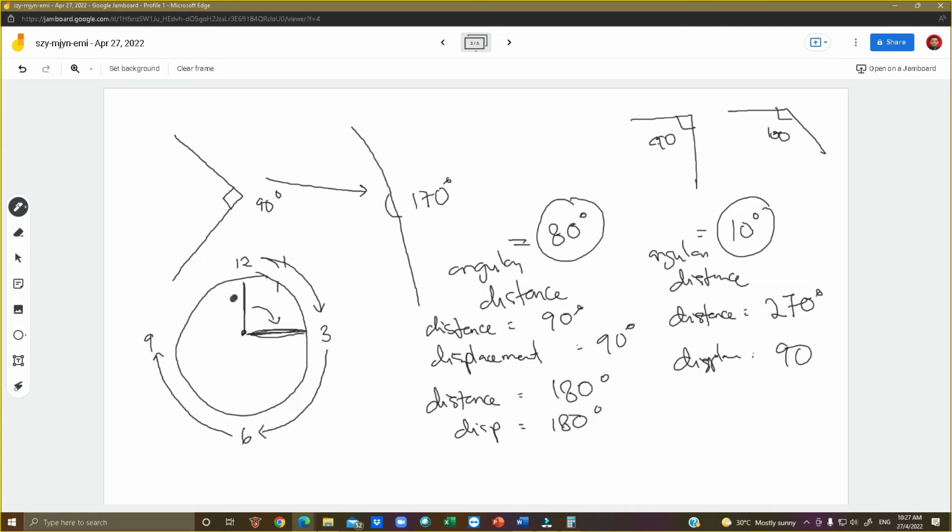Di situ. Okay. It's still in term of angle, yet the shortest route. If the clock hand further its motion to 12, now what is the distance? 360. Displacement? 0. Ini angular distance and displacement. This answer your question tadi lah.